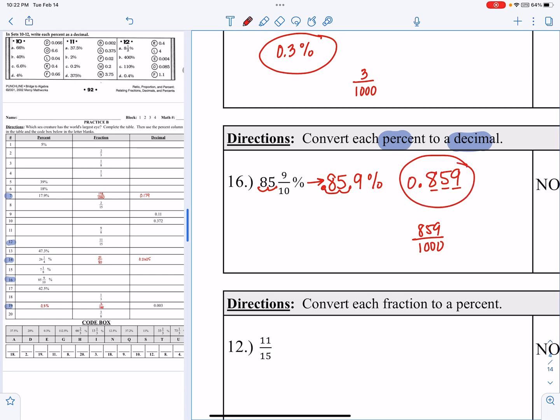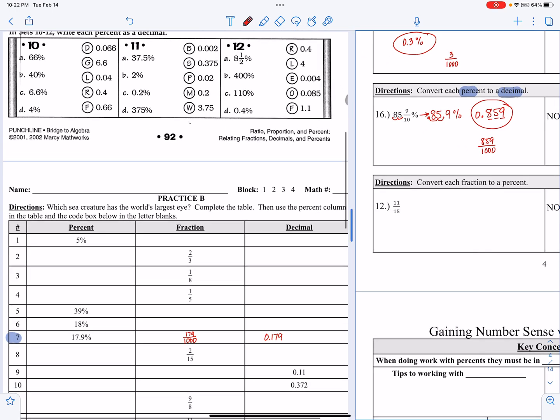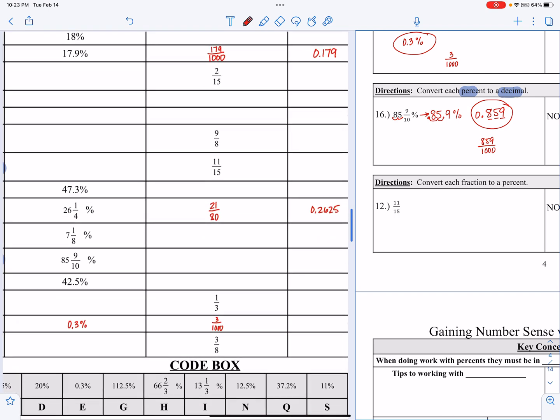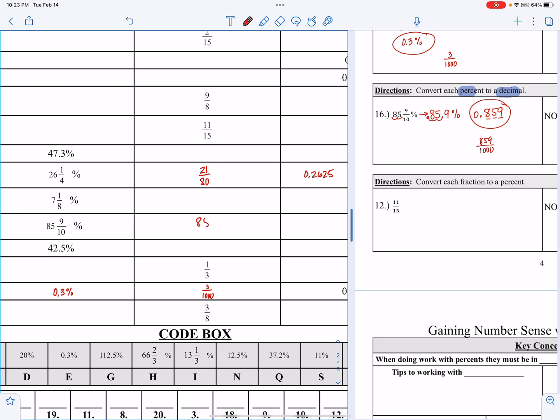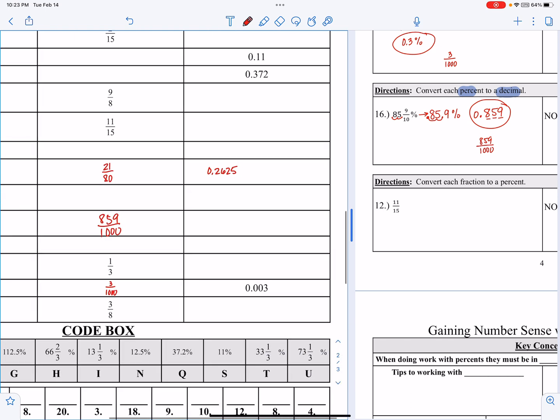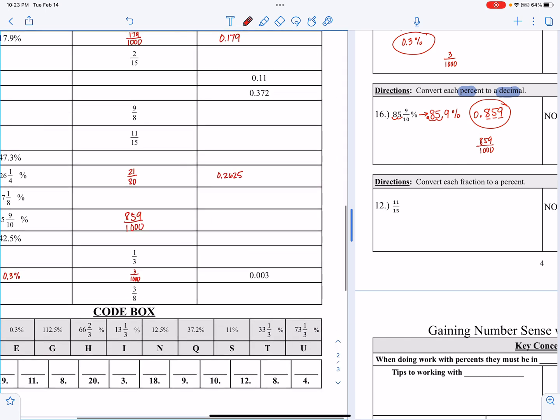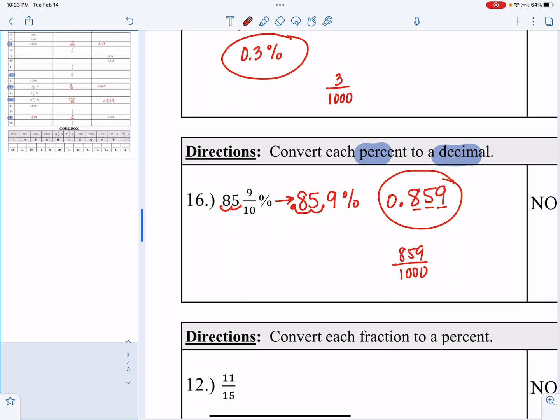Let's put the 0 in front and record it on our sheet. So we go down to number 16. As a fraction, we have 859 thousandths. And as a decimal, we have 0.859.